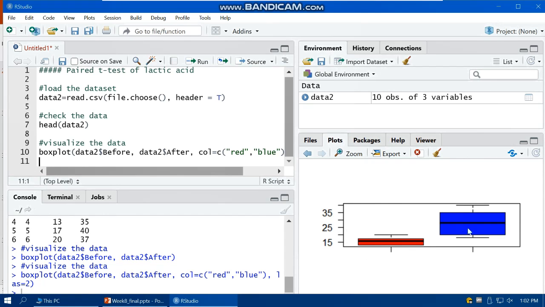But this is at the sample level. So we're going to test this at the population level, to see whether the results are statistically significant, and not by chance, not only for this specific sample.